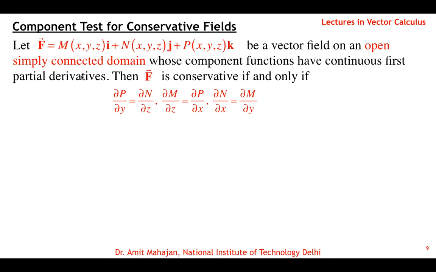If we compare these, then M is the scalar function derivative with x, N is the scalar function derivative with y, and P is the scalar function derivative with z. Because these components have continuous first partial derivatives, if we differentiate them with x, y, z and rearrange, then you will end up with these equations.